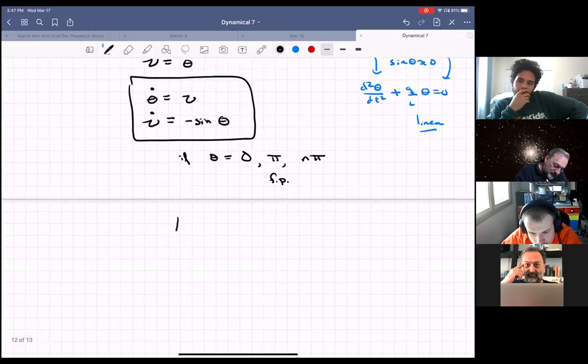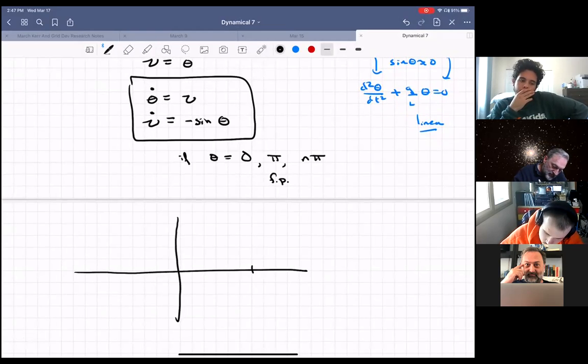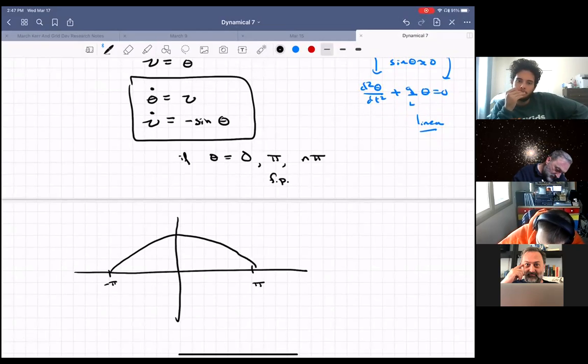If I look at what the phase portrait of this thing looks like, if this is pi over here, and this is minus pi over here, what I have is a trajectory that connects these 2 points. And then I'll have another trajectory that connects these 2 points.